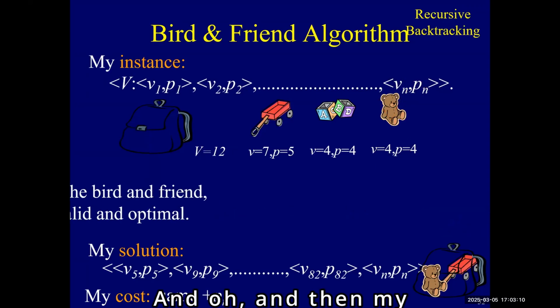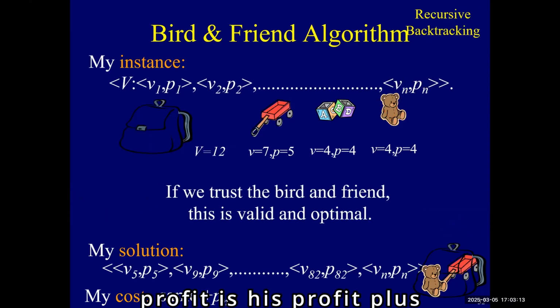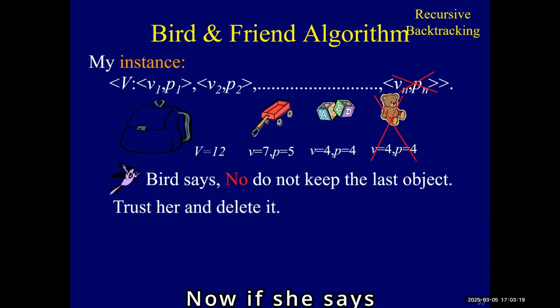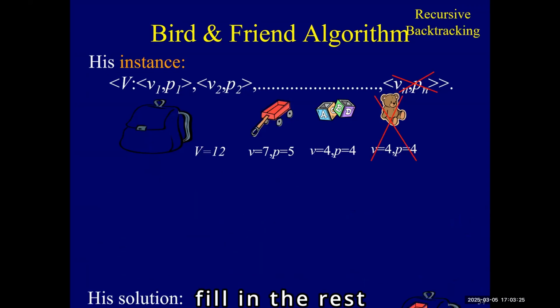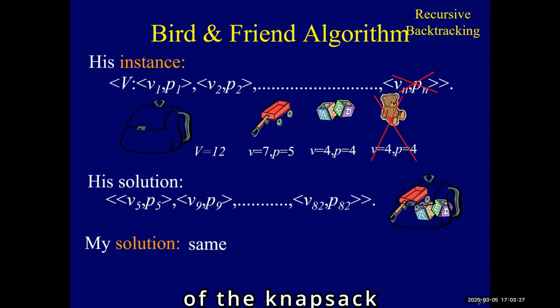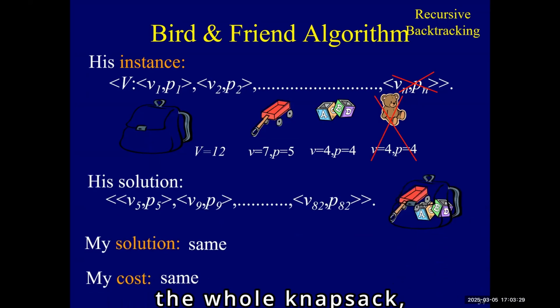And then my profit is his profit plus the profit of the bear. Now, if she says don't put it in, then I ask him to fill in the rest of the knapsack, the whole knapsack. I give him all but the bear, and I give him the full knapsack, and whatever he answers is my answer.